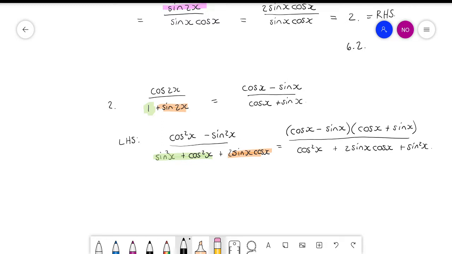is daai 'n kwadratiese 3 term. So byvoorbeeld x kwadraat plus 2xy plus y kwadraat. Dis 'n kwadratiese 3 term.